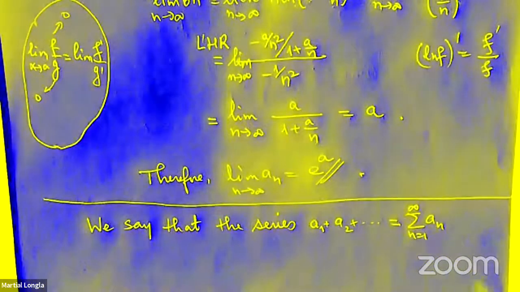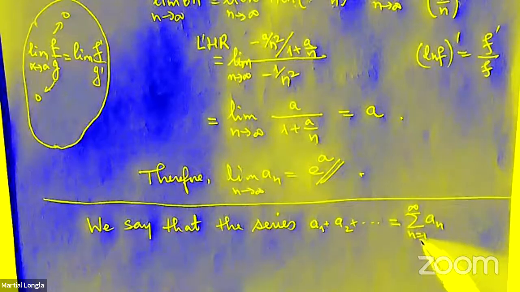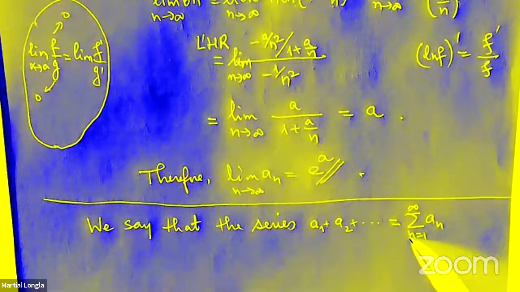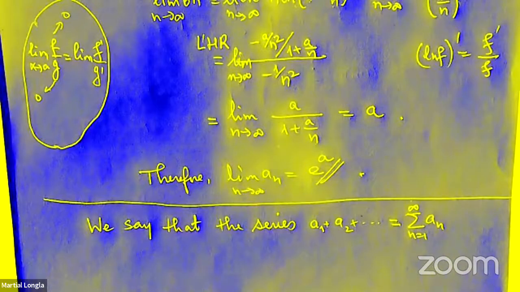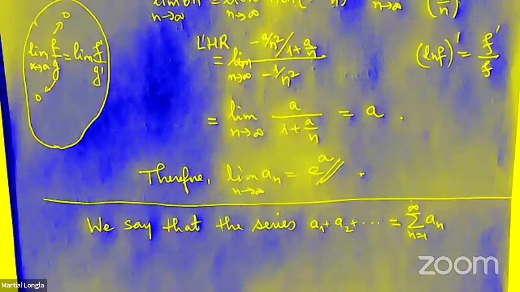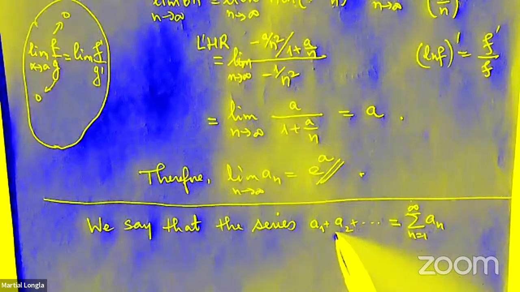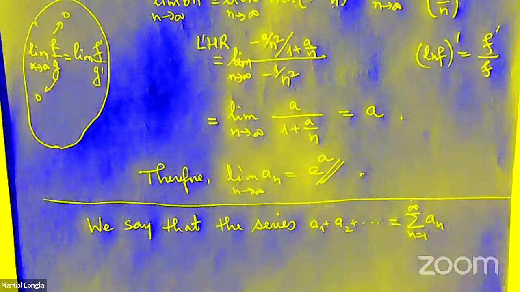So this notation means sum, add all the numbers n from 1 to infinity that appear in the sequence. All right. So in your problems, you might either see this written or see that.